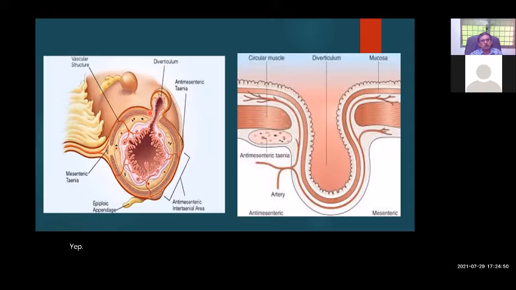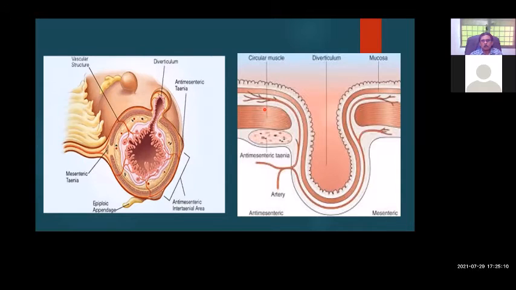There's no muscle layer covering them. As such, the blood vessels that enter to feed the intestine are exposed to erosions and other destructive forces, causing hemorrhage and bleeding.